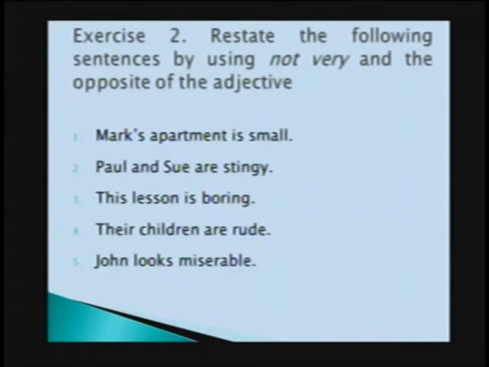Number 4, their children are rude. Their children are rude. And rude is a false cognate. The word rude might look like rudo en español, pero no tiene nada que ver con lo que usted se piensa. Rude means grosero. Los niños de alguien son groseros y usted no se lo dice.